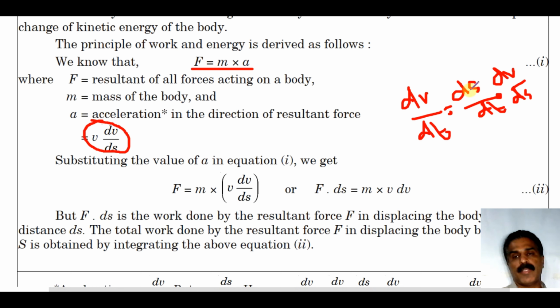Therefore, we can write dv by dt is equal to ds by dt into dv by ds.